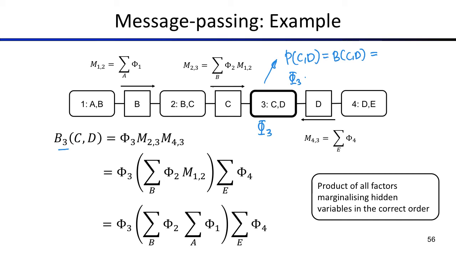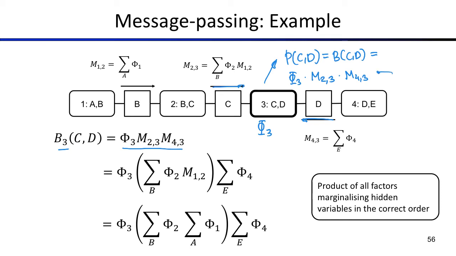So it's going to be this message here, 2,3, and also multiplied by this message here, 4,3. That is exactly what we have in this node here at the end of the message passing. And if we detail this a little bit more, and we open all those equations, we have this guy here. That is actually what we wrote here.